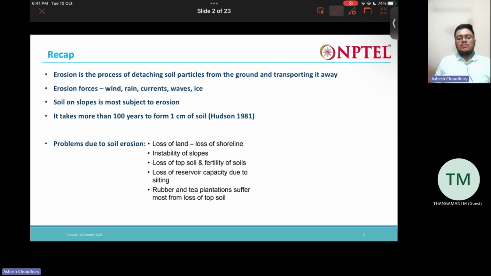Take Majuli Island, which is the largest river island, situated in the Brahmaputra River. The area of Majuli Island has reduced by a huge amount, all because of erosion due to the River Brahmaputra.